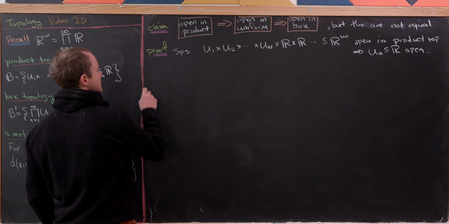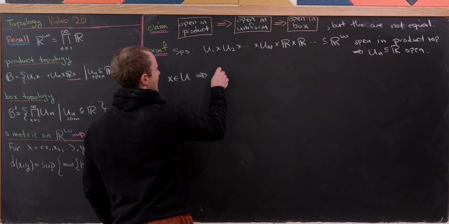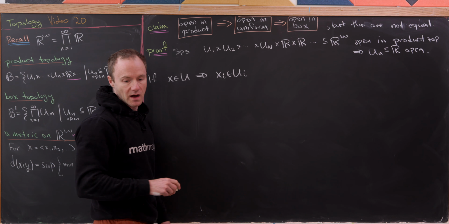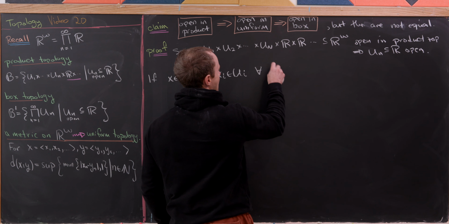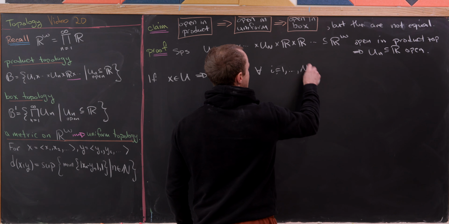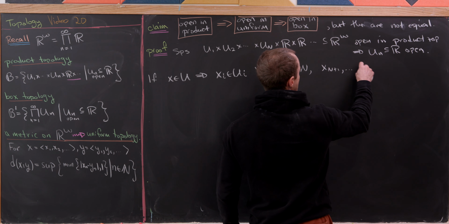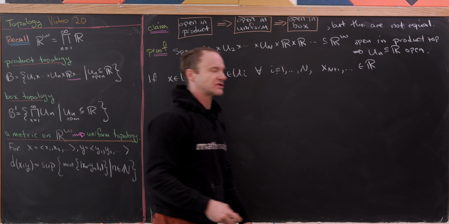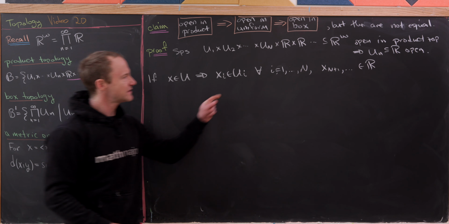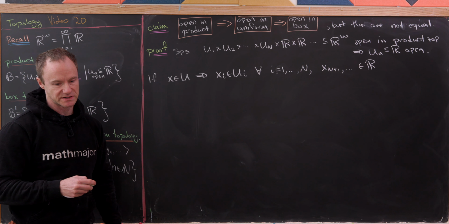So now let's note that if an x is inside of U, then that means that xi is in Ui for all i which go from 1 up to n. And then after that, x_{n+1}, so on and so forth, are kind of unrestricted. They just come from the real numbers. So now we'll use the fact that we don't have a restriction past this point. That'll be really important here.